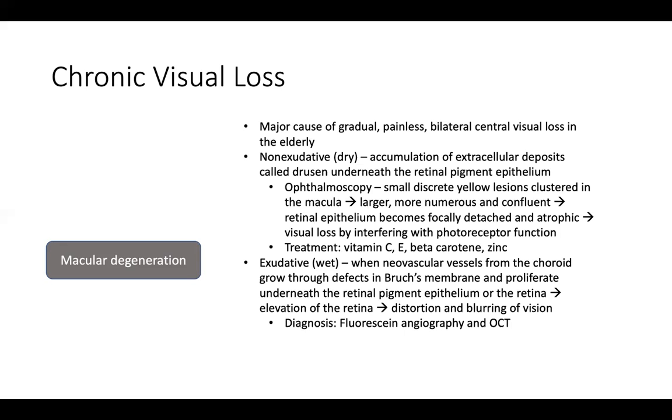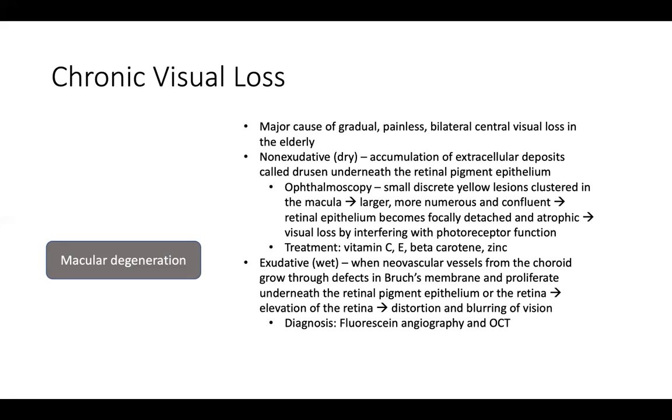Exudative macular degeneration, which develops in only a minority of patients, occurs when neovascular vessels from the choroid grow through defects in Bruch's membrane and proliferate underneath the retinal pigment epithelium or the retina. Leakage from these vessels produces elevation of the retina with distortion and blurring of vision.